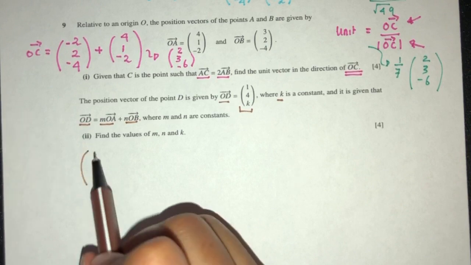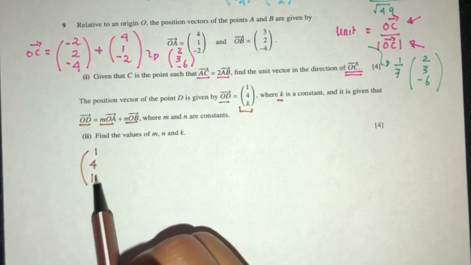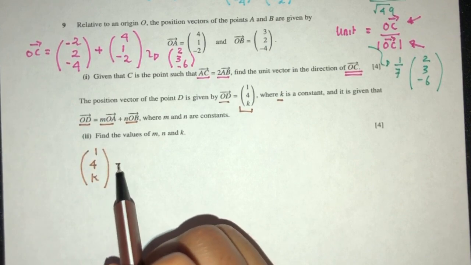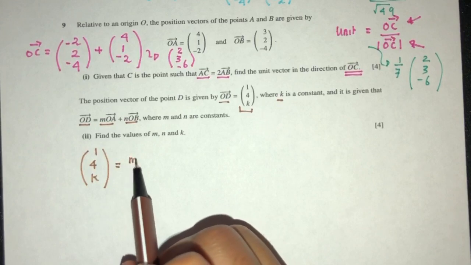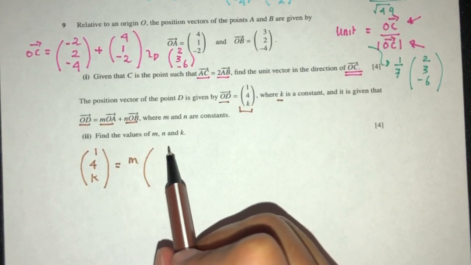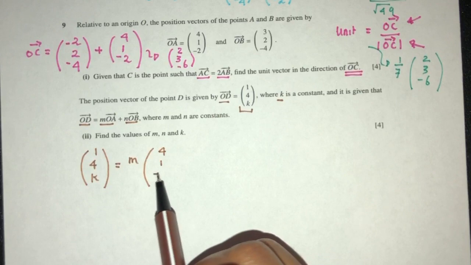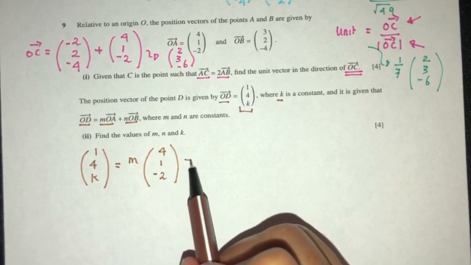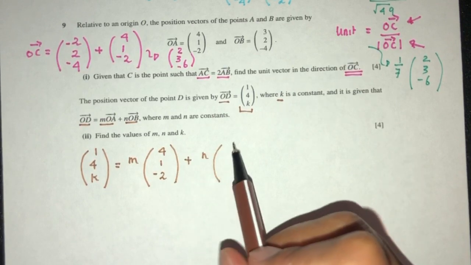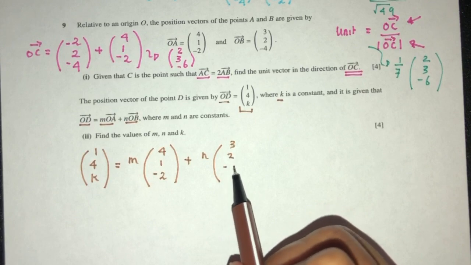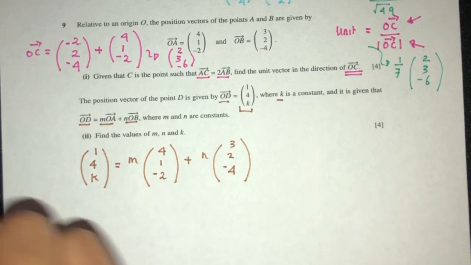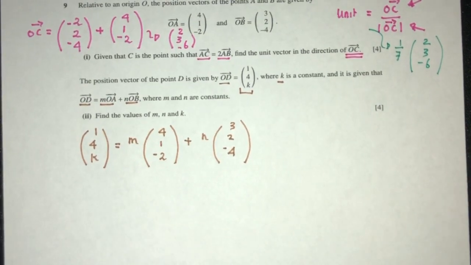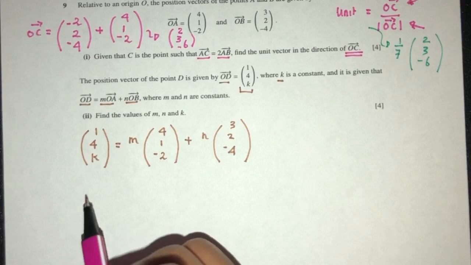OD is (1, 4, K) is equal to M times OA, which is (4, 1, -2), plus N times OB, which is (3, 2, -4). So this question is not hard. It's just, as you can see, there are many steps. We have to proceed carefully. So we have to first expand these brackets.